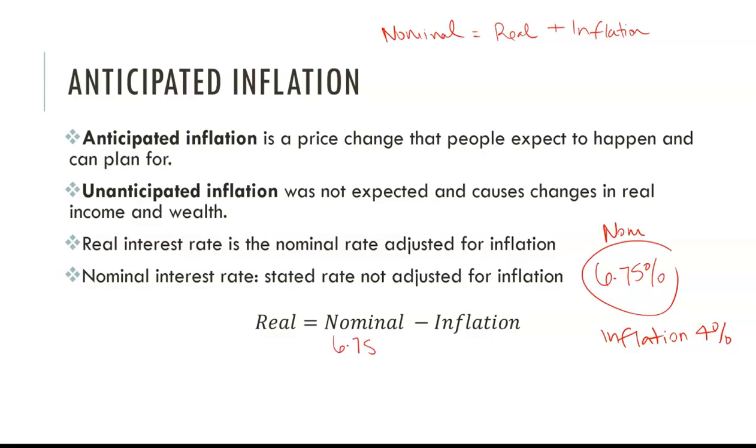Say 6.75 minus 4 equals 2.75%. So after we take into account the fact that prices are going up and the money is worth less when it's being paid back in the future, then the bank or whoever is still earning 2.75% real interest.